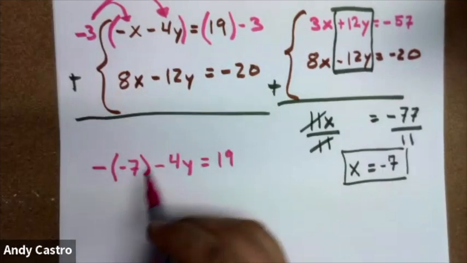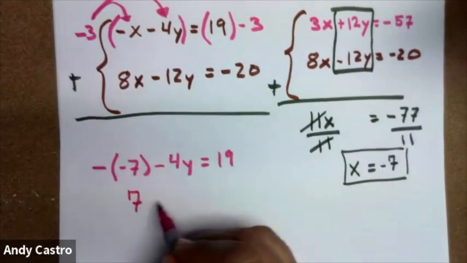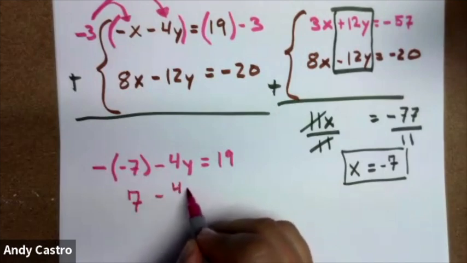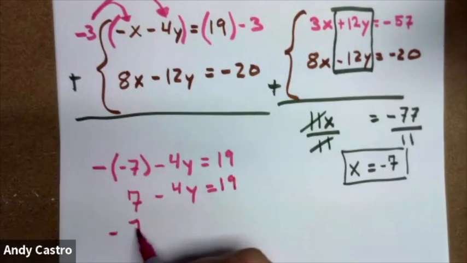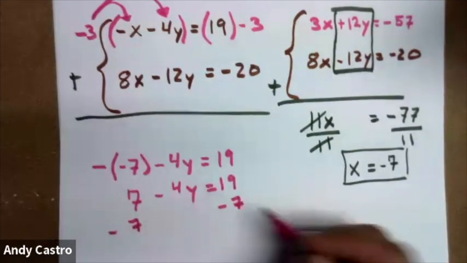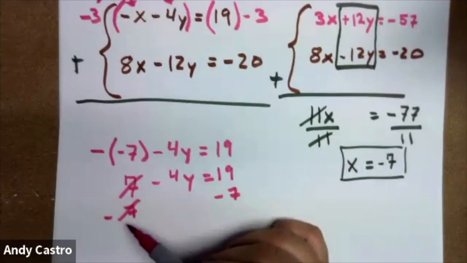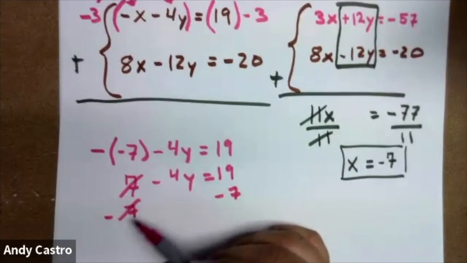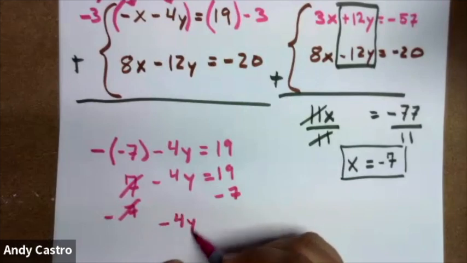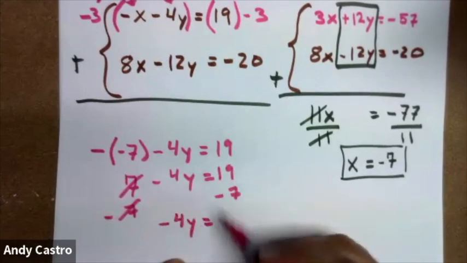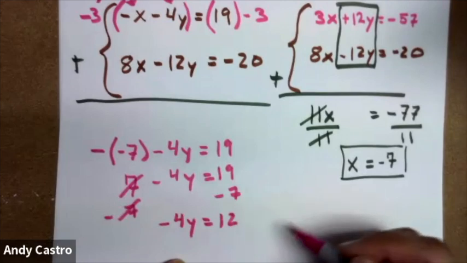So the opposite of 7, simply 7. Subtract both sides by 7. Okay. 7 and negative 7 cancel to give you 0. 0 minus 4y is just minus 4y. 19 minus 7 becomes 12.